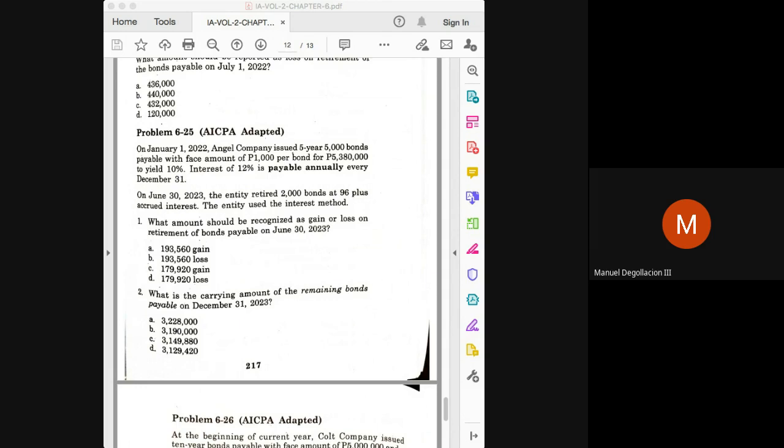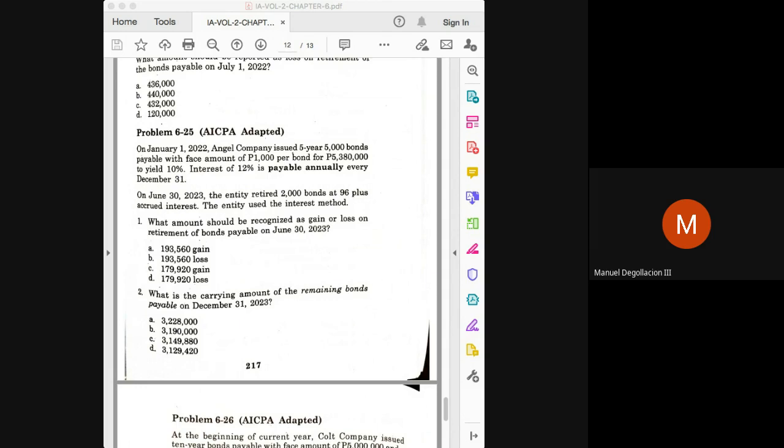Okay. Now we'll have to continue to June 30, 2023. With this one class, what I suggest we do is to split the bond class into the portion that will be retired and the portion that will not be retired. By the end of December 31, 2022, the balance of the 5 million bond is 5,318,000.